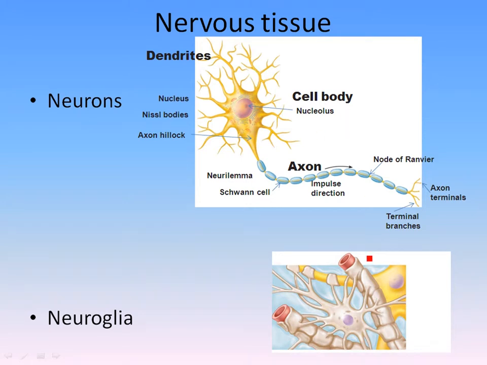For now, let me tell you that the neurons are the ones that will transmit information to the brain and away from the brain. The neuroglial cells, or the glial cells, are the supporting cells, each with unique shape and function. They will be discussed later on in the other clips.